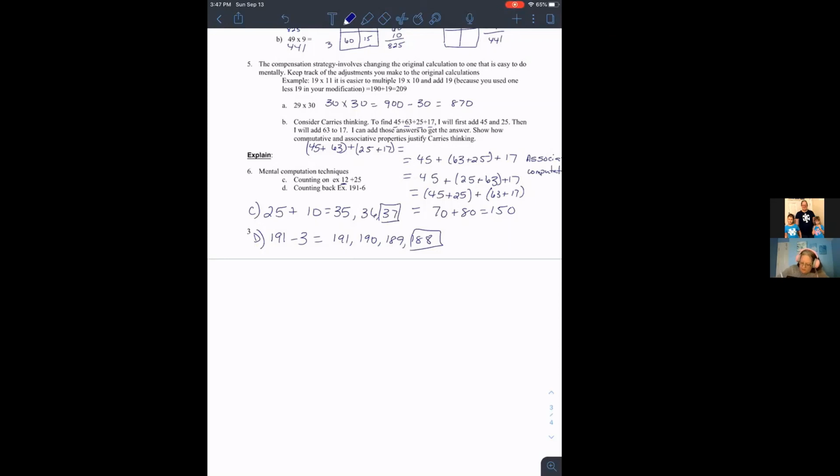It says counting up or back 3 digits by ones, tens, hundreds, etc. But if you do more than 3, more errors happen.